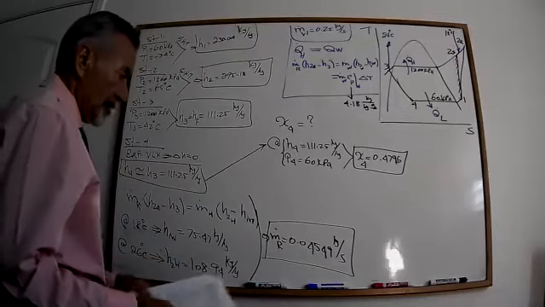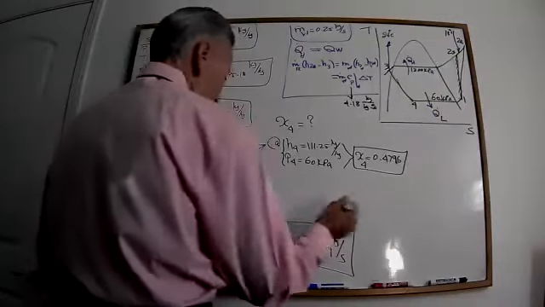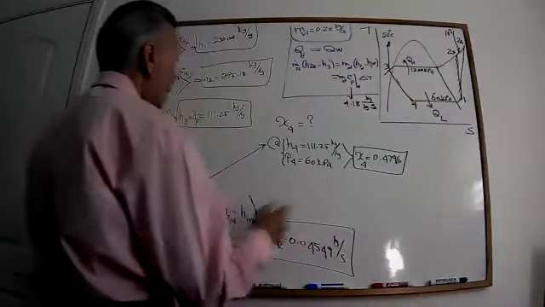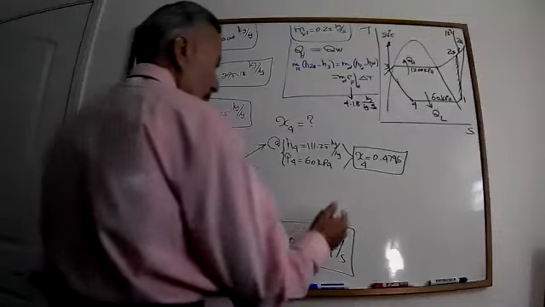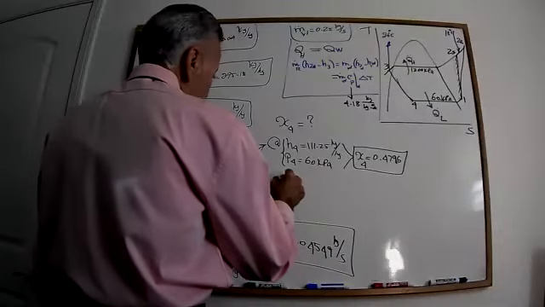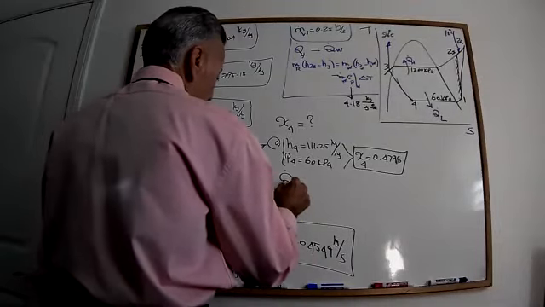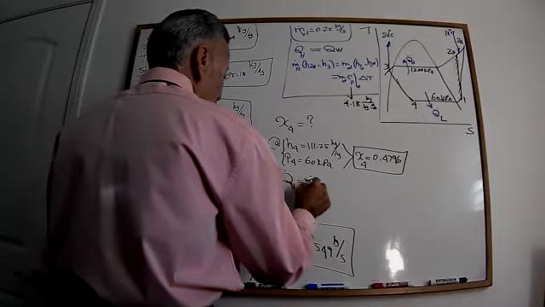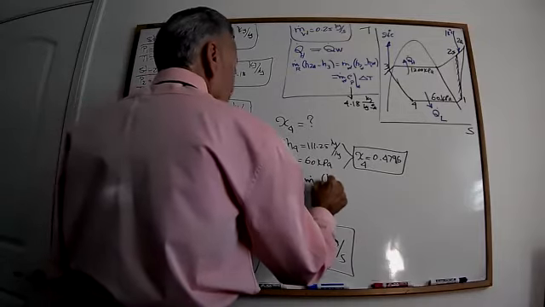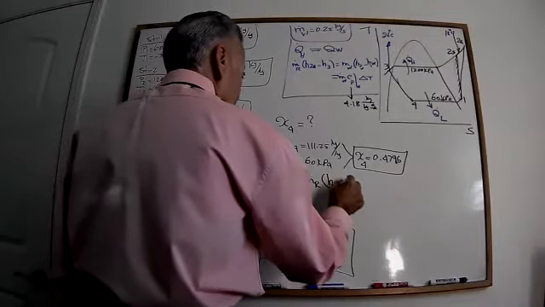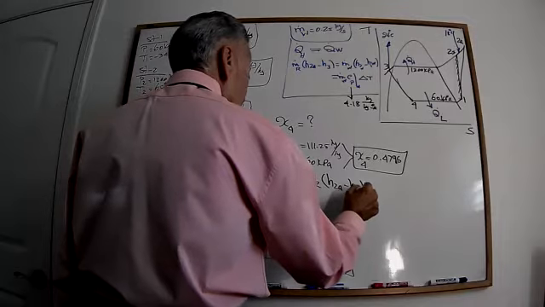Now that we have this, they ask us to find the QH, QL, WN, and so on. So the QH is mass of refrigerant times H2A minus H3.